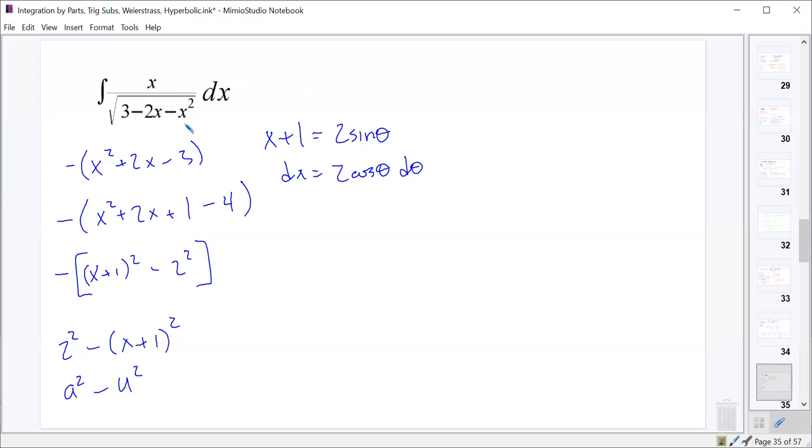So since we know that this denominator down here, 3 minus 2x minus x squared, is the same as 2 squared minus x plus 1 squared, what can we turn that into?